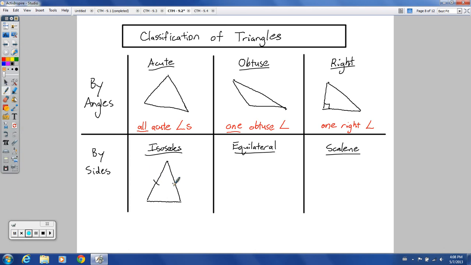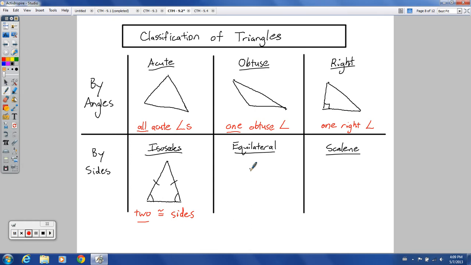Our book says exactly 2, so that's what I'm going to go with. And it also ends up being that the base angles, is what we call those, will end up being congruent also. But this has 2 congruent sides. We're going to say exactly 2 instead of at least 2 for our book here.